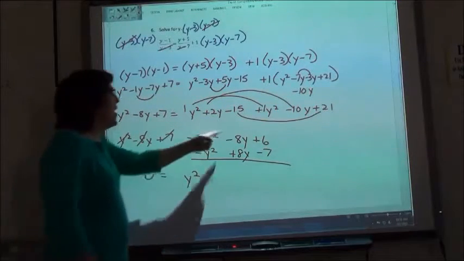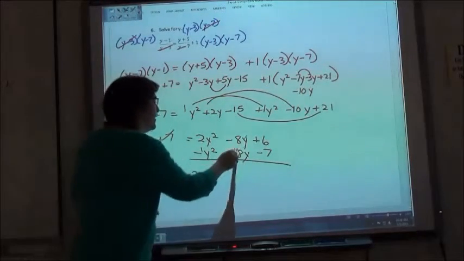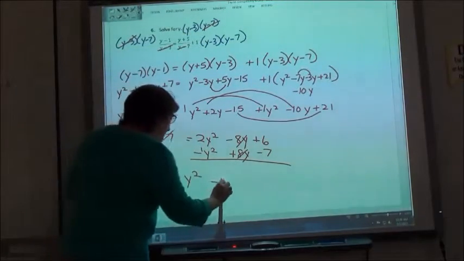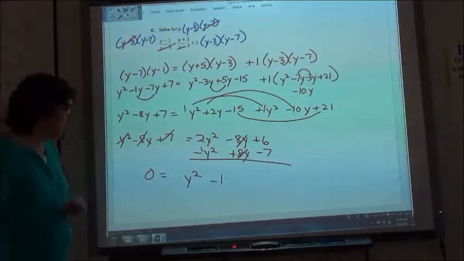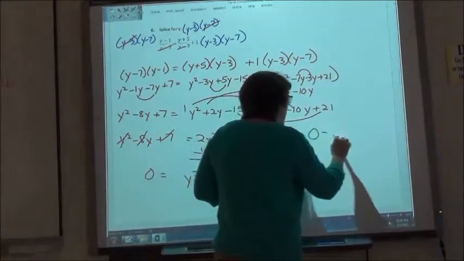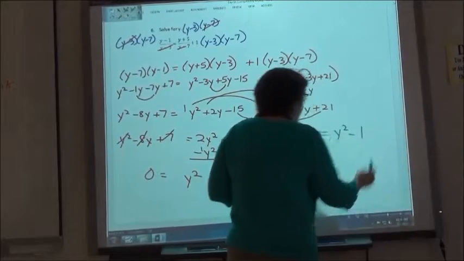What happens with your y's? They cancel out. And 6 minus 7 is negative 1. So we have 0 equals y squared minus 1.